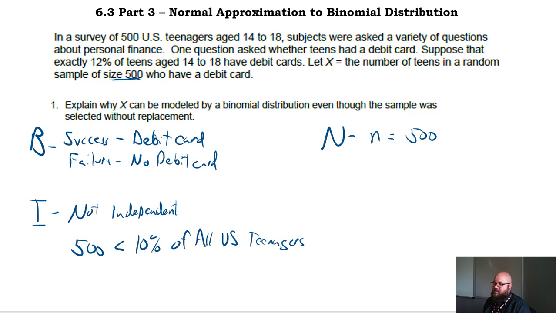And then for our last thing, our S for same probability: suppose that exactly 12% of teens have debit cards, so the probability is 0.12. So these check out now. Even though it wasn't independent, because it's less than 10% of the population, we're able to move forward.